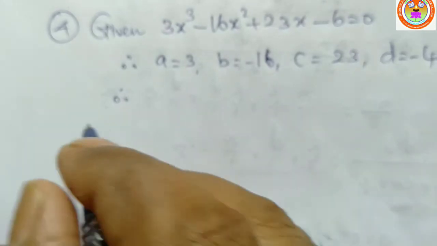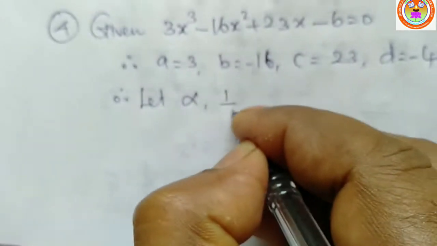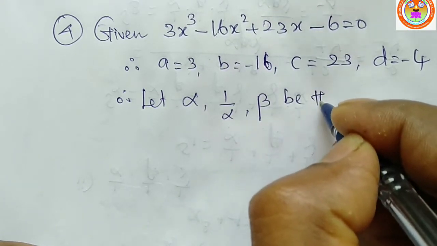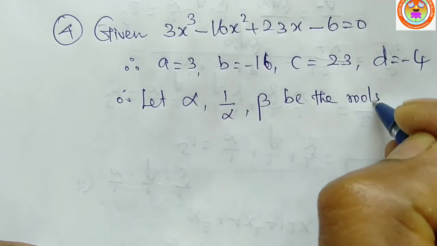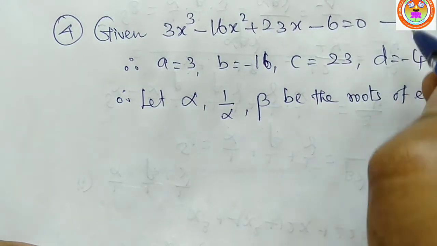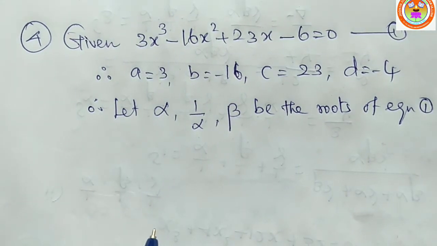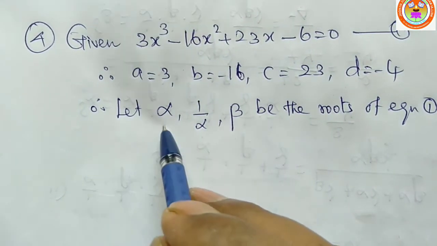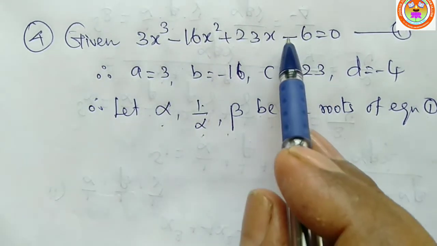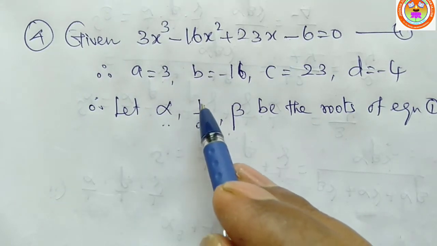So now we are going to take alpha, 1 by alpha and beta as the three roots of equation 1. This is our equation 1. Why are we taking alpha and 1 by alpha?